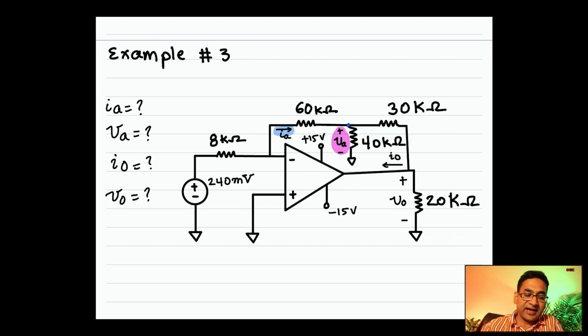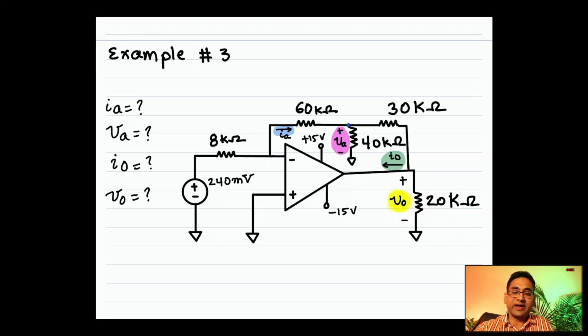Find VA, and then we are also supposed to calculate IO, the current flowing in the output terminal of the op-amp, and then of course calculate also the output voltage here.